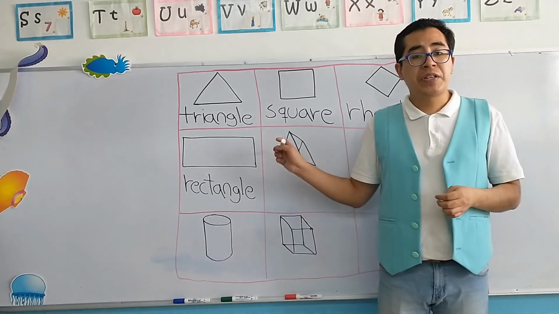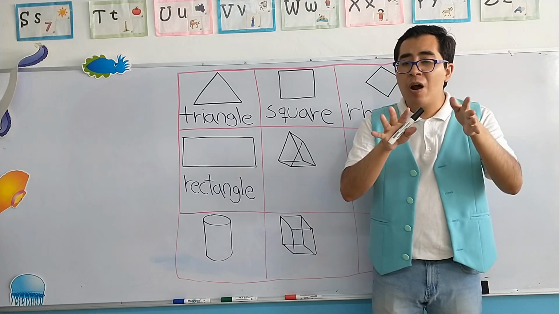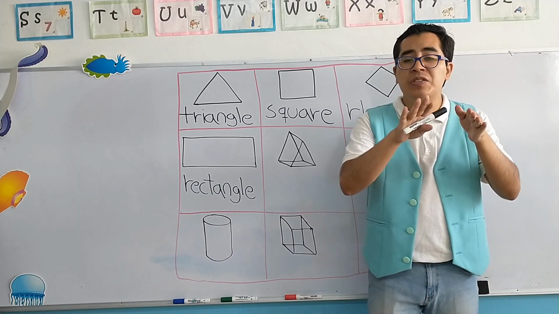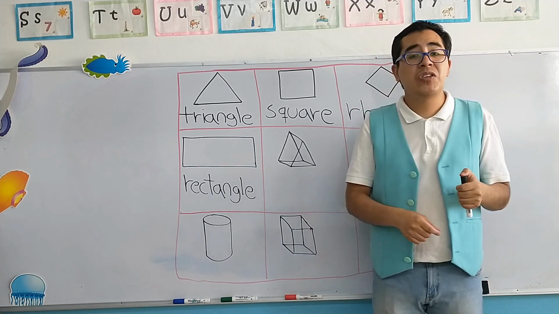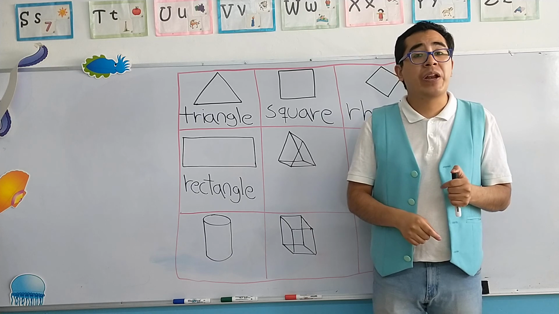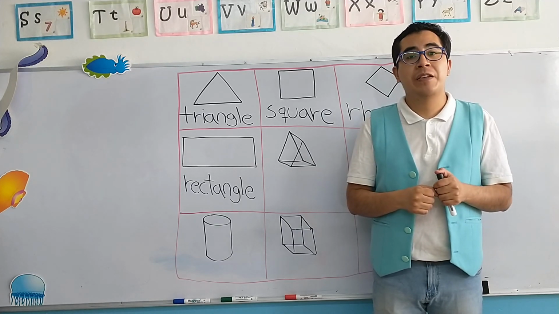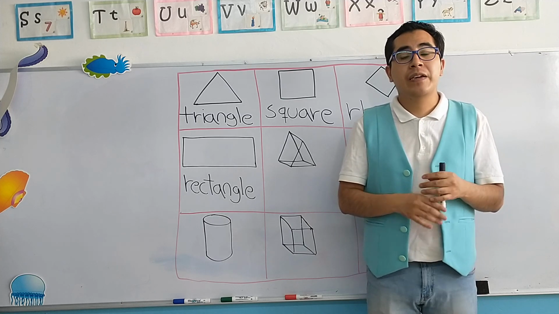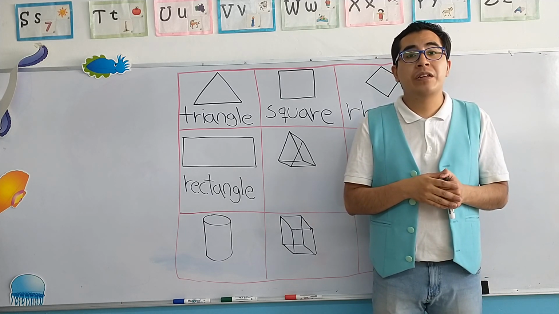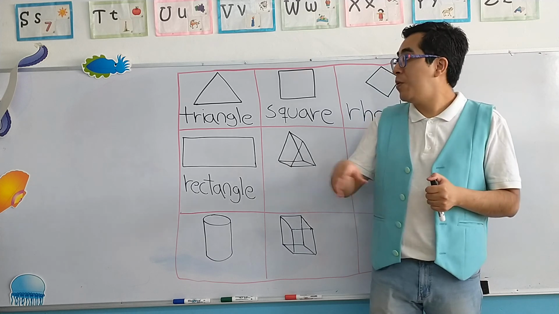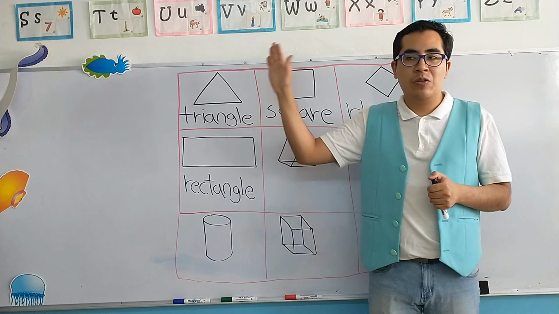So, next to the rectangle, we have something similar to a triangle, but it's different. The difference is that this is three-dimensional. Okay? Recuerden que esta imagen parece un triángulo, pero es diferente. La diferencia es de que esta imagen de aquí es triangular. Quiere decir que tiene tres capas y no de esta forma que se ve en 2D.